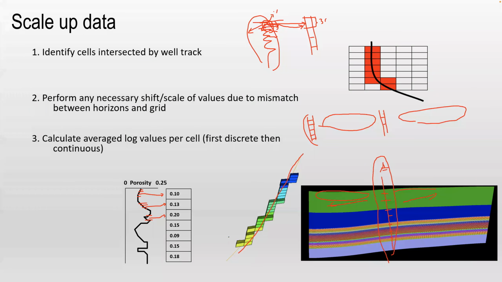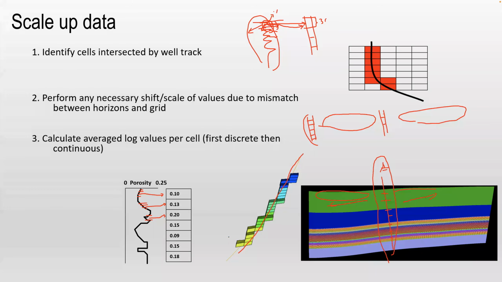For example, based on experience, for porosity we use the arithmetic averaging method, and for horizontal permeability, most of the time we use geometric, and for KV, or vertical permeability, we use the harmonic averaging method. So they are different from each other.